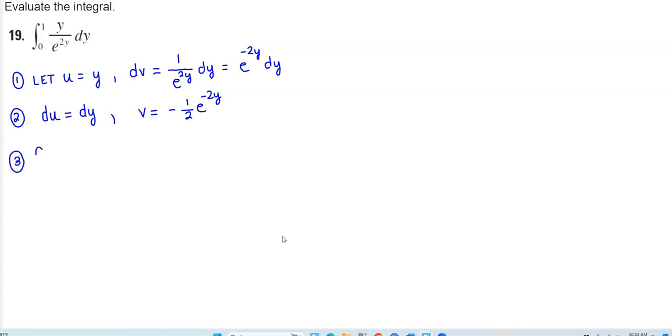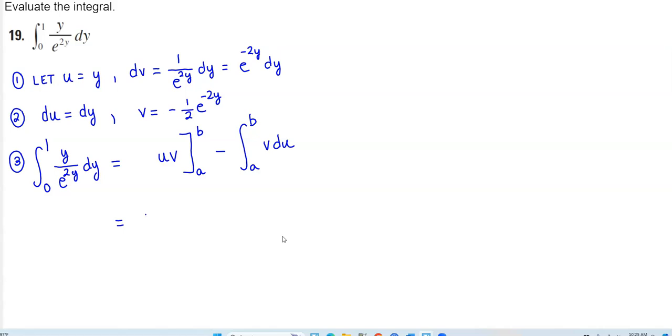So step number 3, writing out the original question: the integral going from 0 to 1 of y over e to the 2y dy. And so the formula is u times v going from a to b minus the integral going from a to b of v du.